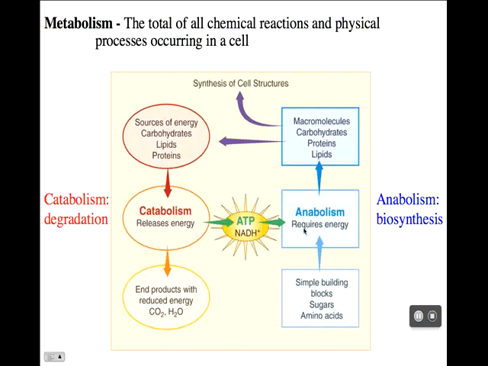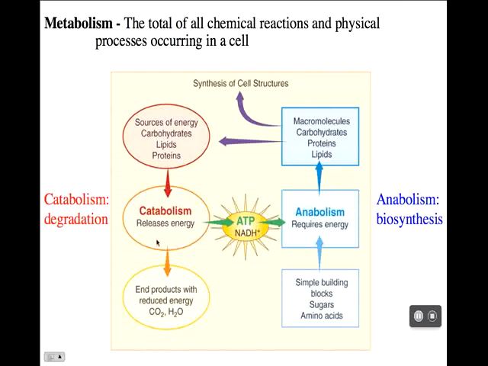Then the anabolic pathways, the biosynthetic pathways, will take that ATP, turn it back to ADP, and use the energy released in order to make those macromolecules. So ATP is really the central molecule that's constantly being used and then regenerated in order to allow these reactions to occur.